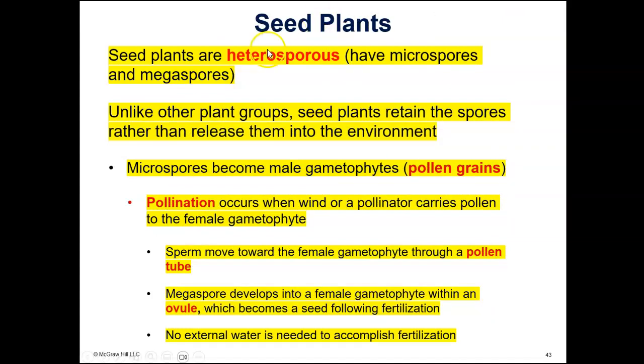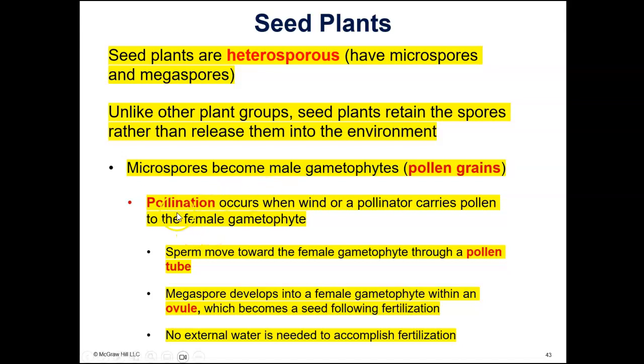Seed plants are heterosporous, which means they have both microspores and megaspores, both the male and female gametophytes. And again, the microspores become male gametophytes or pollen grains, and then the megaspores become the female gametophytes, which is technically the embryo sac, which contains the egg or eggs, ova.